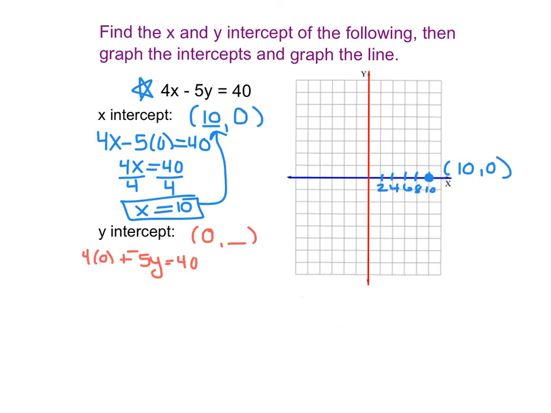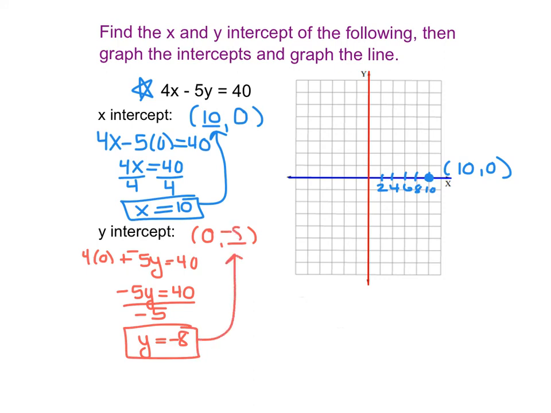Now from here I know that 4 times 0 is just 0, so I'm really left with -5y is equal to 40. Then I need to divide both sides by -5, and I find that y is equal to -8. So I know that my y-intercept is occurring when x is 0 and y is -8.